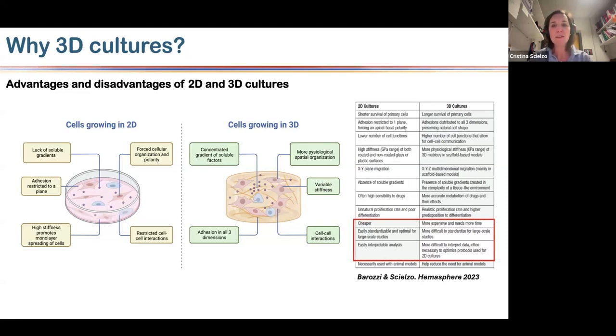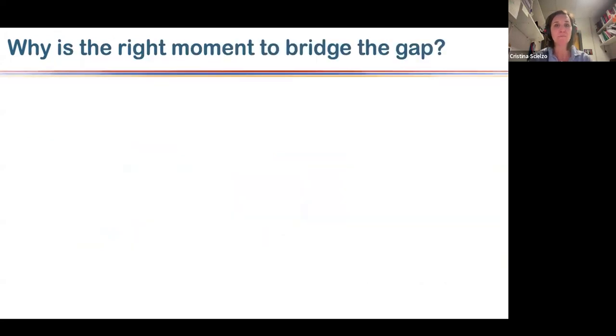And also importantly, 2D cultures are very much standardized and really easy to scale up in your studies, while 3D culture still needs to be further standardized. And last but not least, 2D cultures are very easy to interpret, while 3D cultures are not that easy, and not everybody knows how to interpret the results that come from 3D cultures.